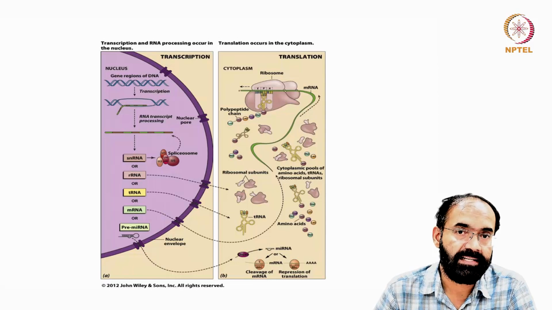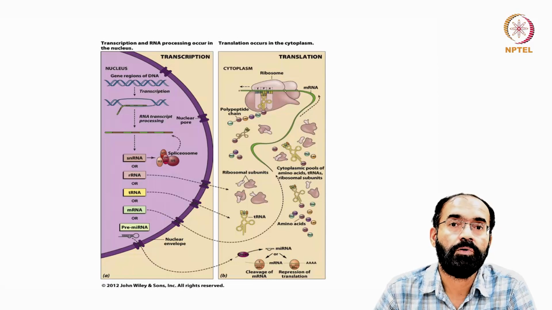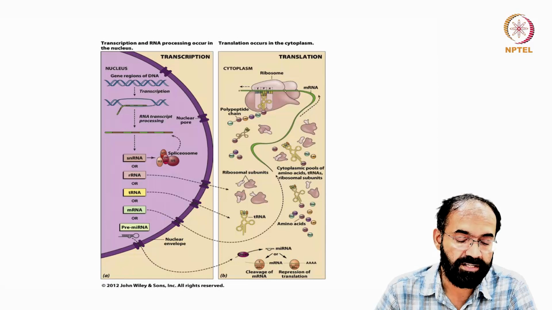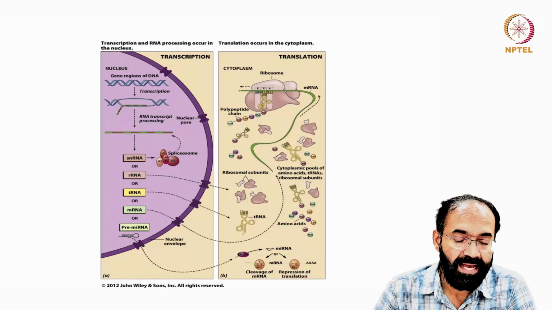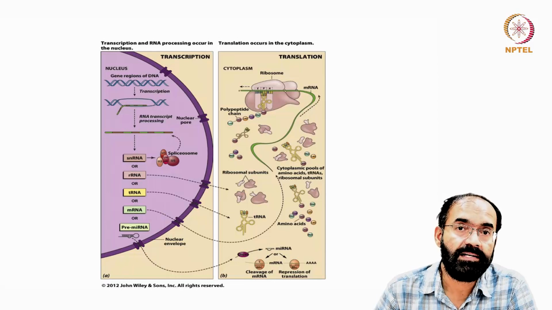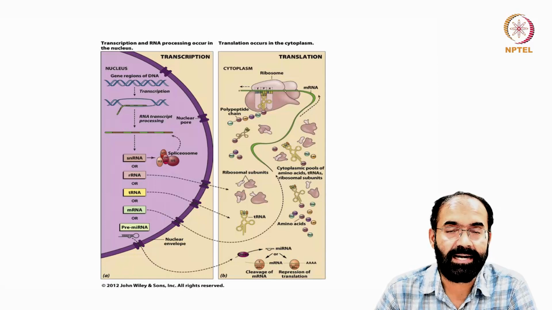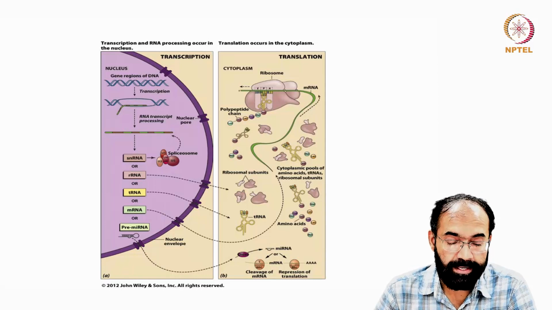This RNA that is formed has to undergo a process called RNA maturation with the help of the spliceosome, and this process is called pre-mRNA splicing. This is further made possible with the help of snRNA, small nuclear RNA.